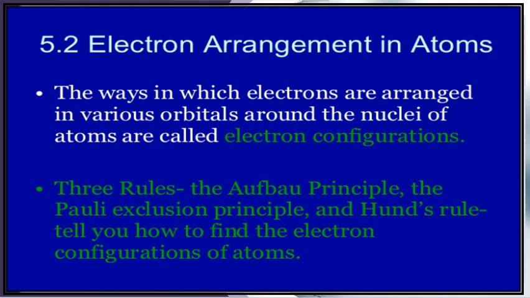Now the value of l for s is 0, for p it is 1, for d it is 2, and for f it is 3. This will give you how the electrons will be accommodated in the sublevels or orbitals, right?